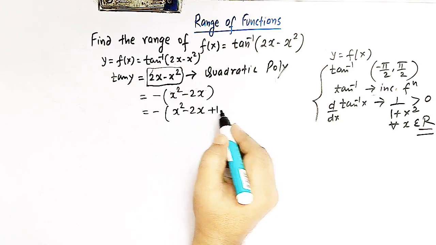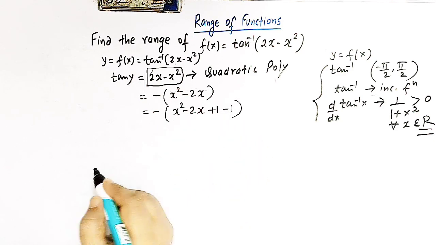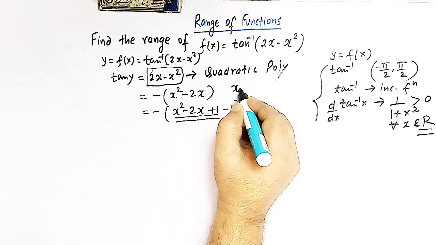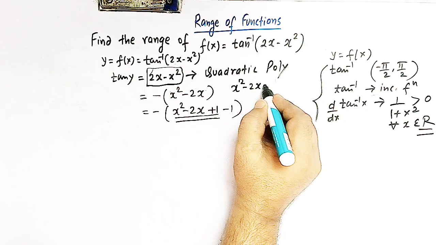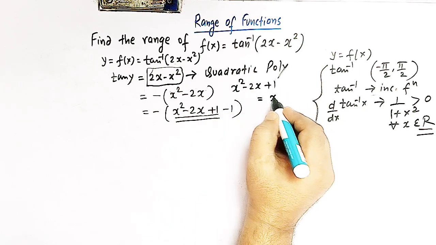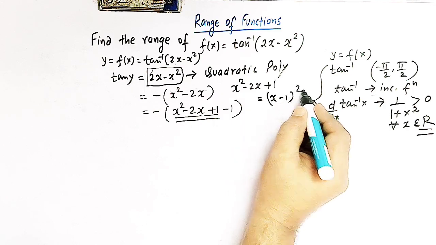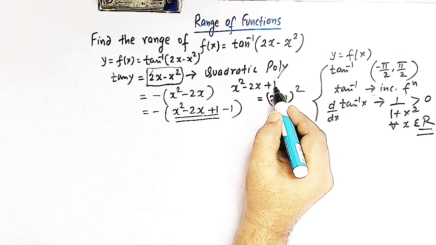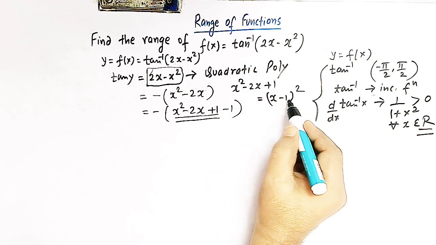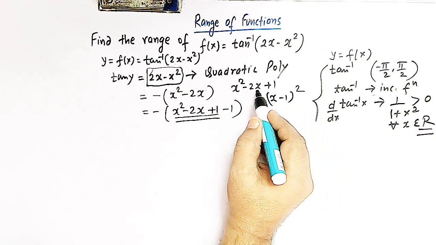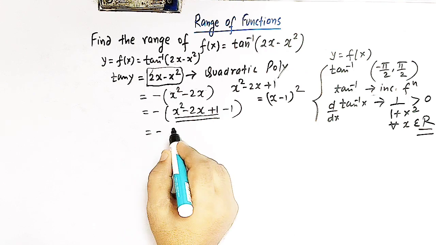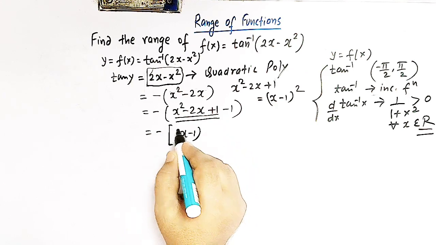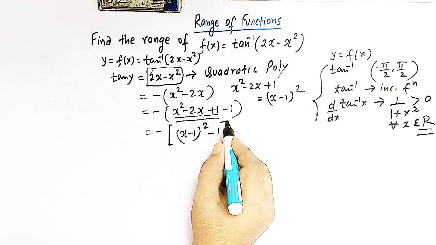Now adding 1 and subtracting 1, this trinomial, that is x square minus 2x plus 1, is equal to (x minus 1) square, that is (a minus b) square, so we have a square plus b square minus 2ab, that is minus 2x. So now we can write this term as (x minus 1) square minus 1.